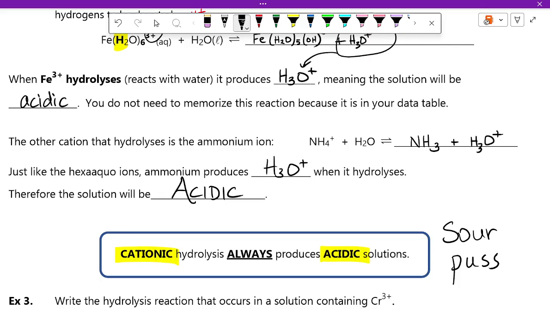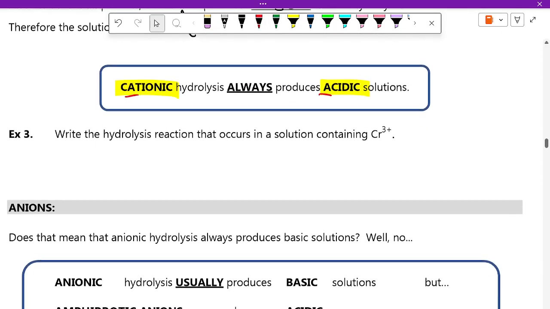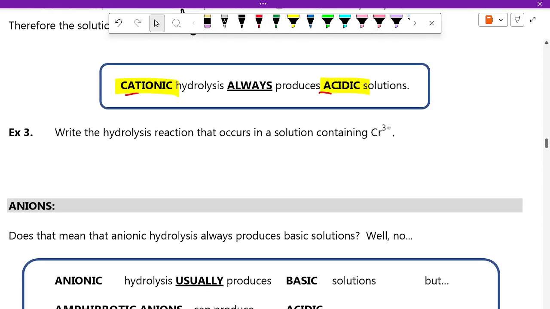You guys have no idea what this word is. So that's not going to help you remember it because you've never heard that before. So we'll get rid of that. You guys can just be like, cationic has an A in it. Acidic has an A in it. There you go. Anion also has an A. Well, whatever. So let's get rid of that too. You guys should just learn old-fashioned phrases.